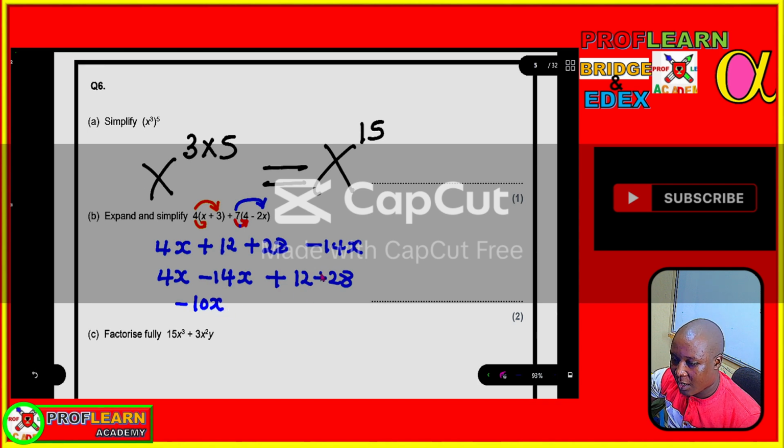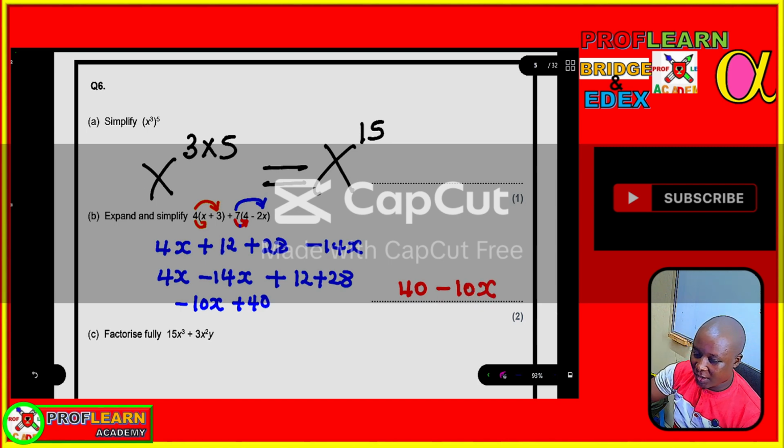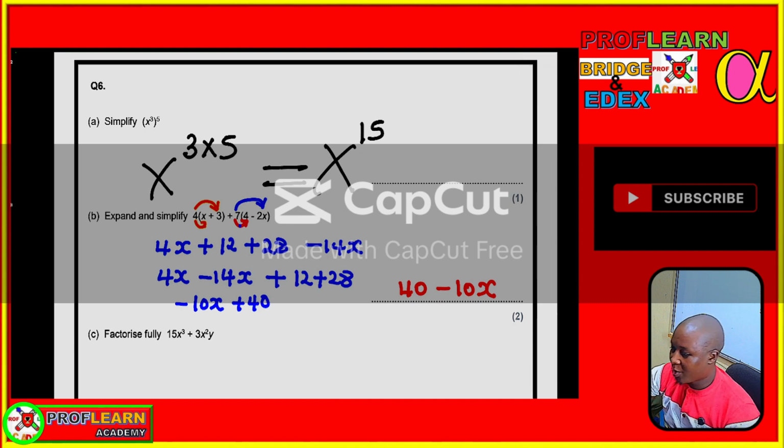Then 12 plus 28 is going to translate to plus 40. So you realize that our final answer is going to be written as 40 minus 10x in this particular case. So that is exactly what we're going to do.